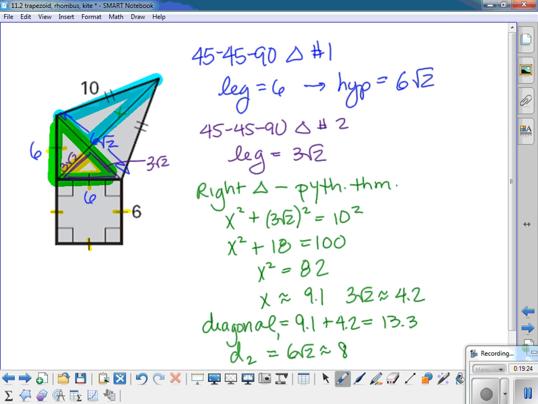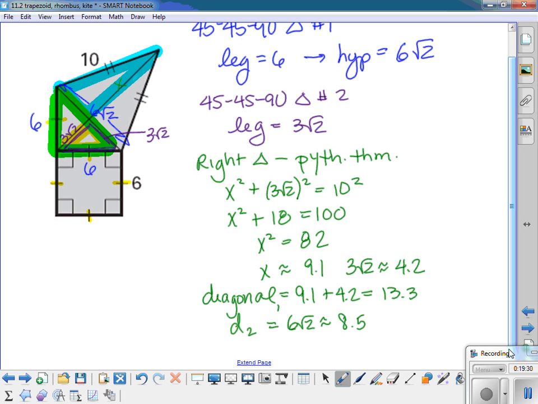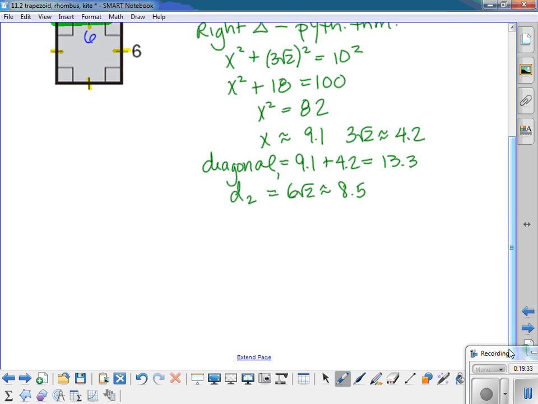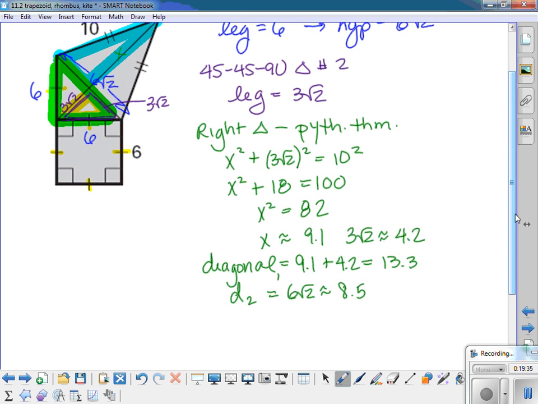And if you put that in your calculator, it's approximately 8.5. And so now I can determine the area of the kite. It's going to be half of the 13.3 times 8.5, and that comes out to 56.5.